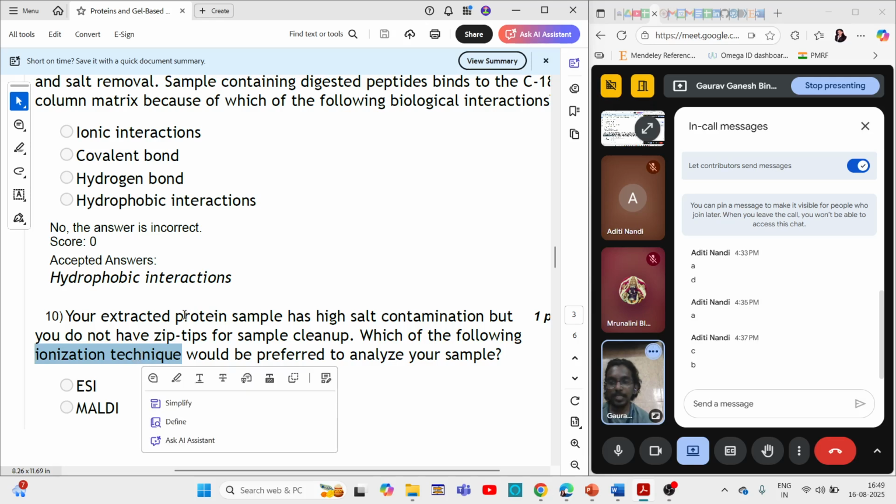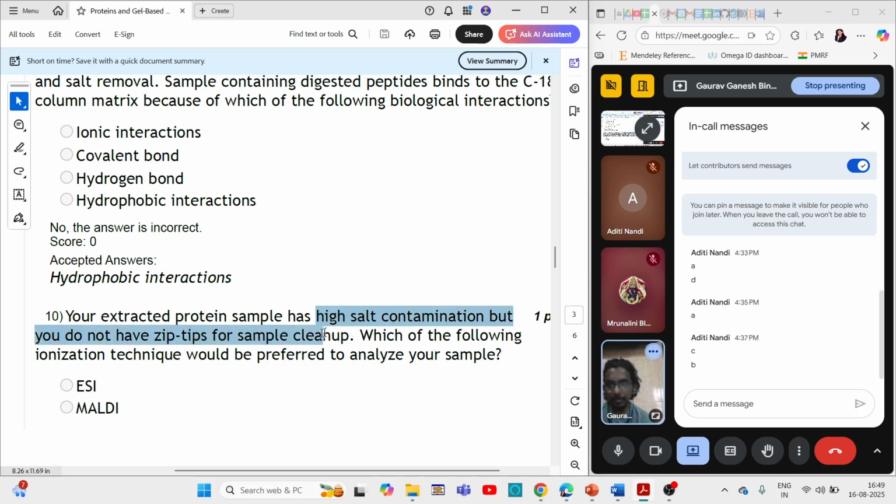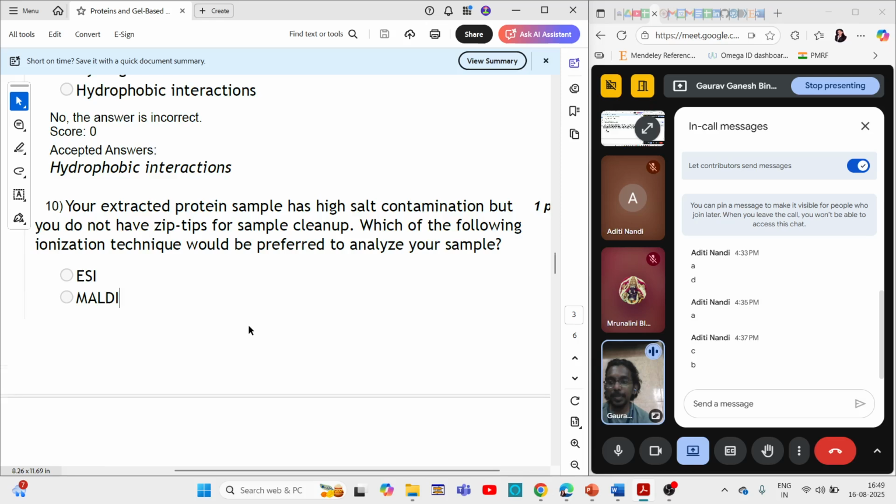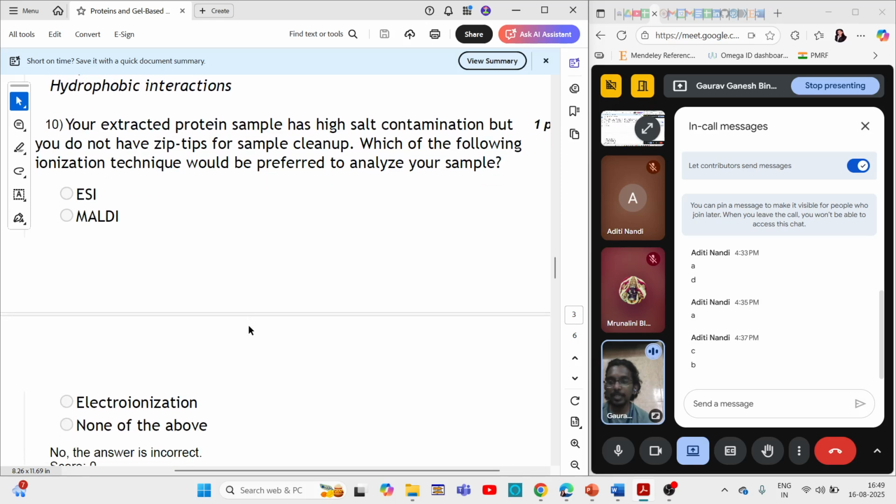As your sample is contaminated with high salt, you need to come up with an ionization technique which can tolerate high salt contamination and would be preferred to analyze your sample. Is it electrospray ionization, is it MALDI, is it electron ionization, or none of the above? We did talk about one of the techniques which can tolerate high salt in terms of ionization technique.